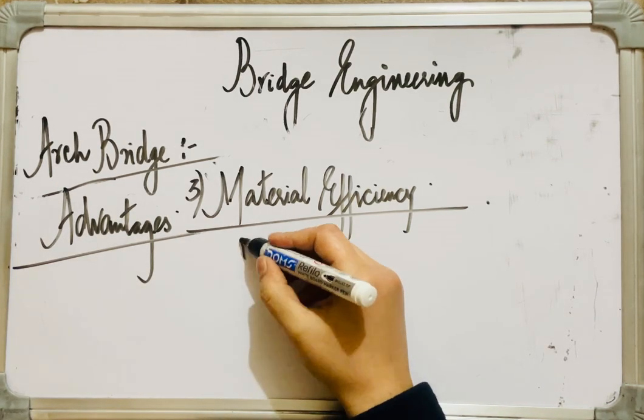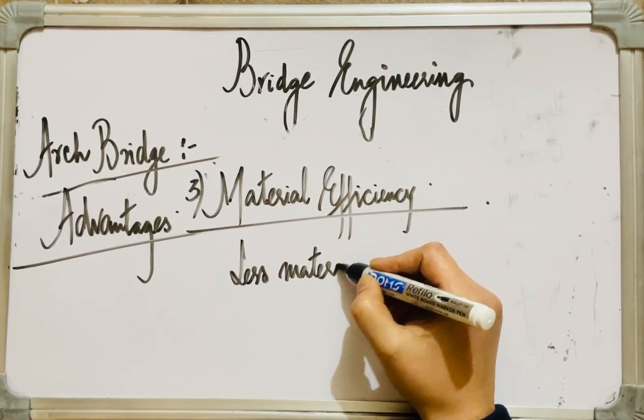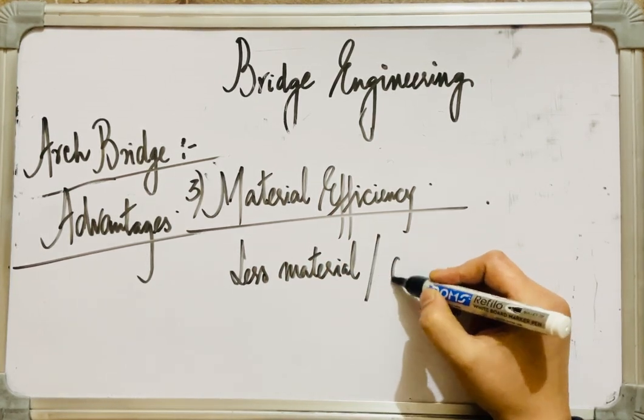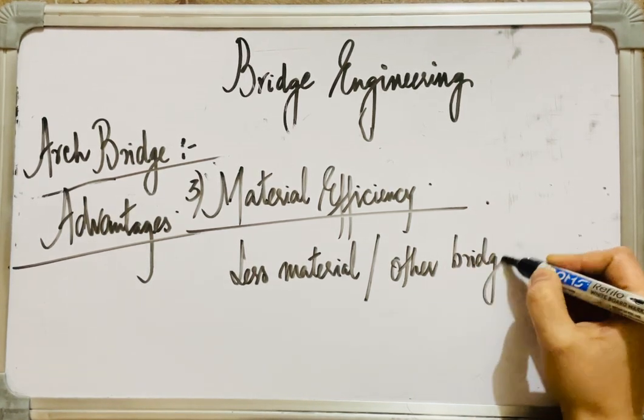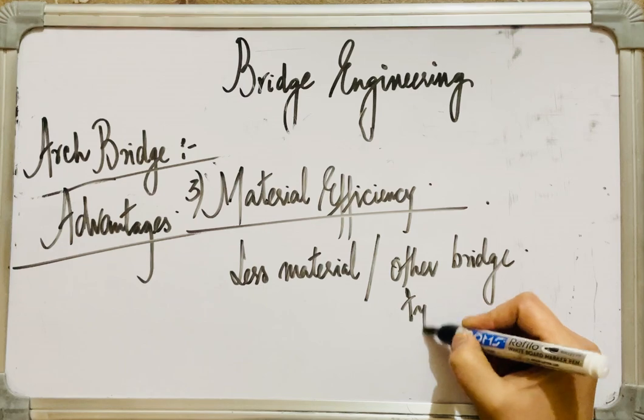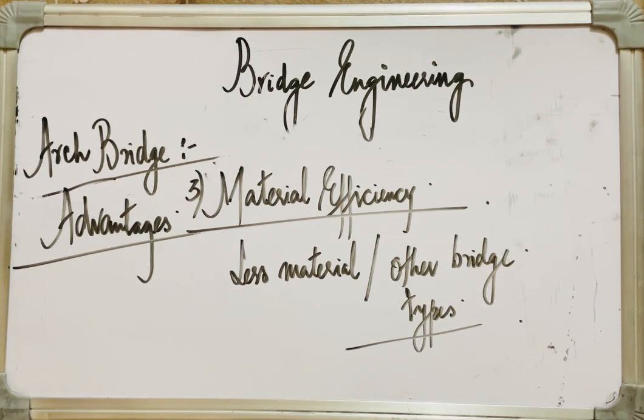That means less material is often needed than other bridge types. These arch bridges use materials effectively by focusing on the compressive loads, meaning we require less material in case of arch bridges than other bridge types.